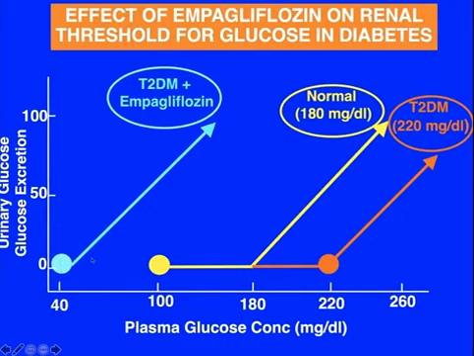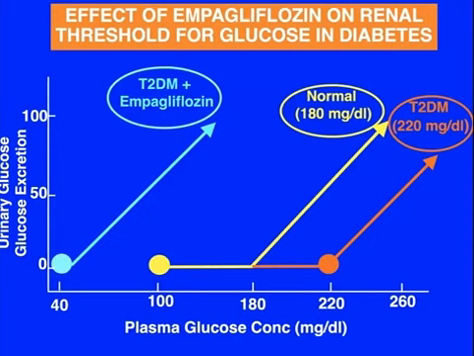So if I were to give empagliflozin or dapagliflozin or canagliflozin to any of you who have a normal fasting glucose, you would start to pour out glucose in the urine. So in a diabetic who has a fasting glucose of, say, 180 or 200, we're way below his threshold. He's going to pour out massive amounts of glucose in the urine.